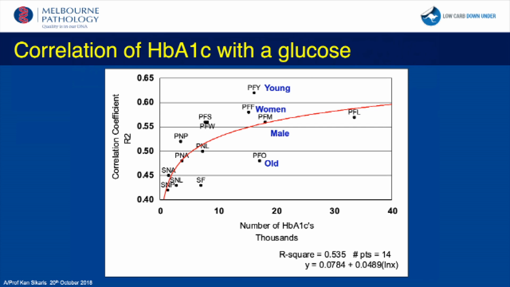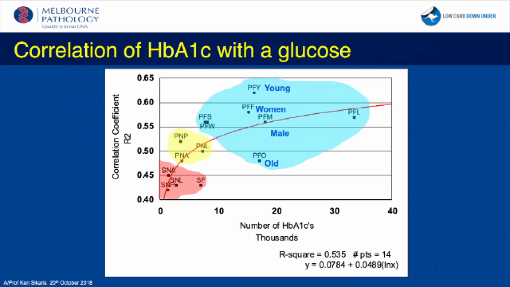Now, in all of these studies, we're looking at different types of glucose, single glucose levels, and how well they might predict hemoglobin A1c. So fasting glucose levels are better than random glucose levels. Plasma samples, which are fluoride-preserved samples, are better than serum samples, which degrade with time. So there's a logic in that correlation.